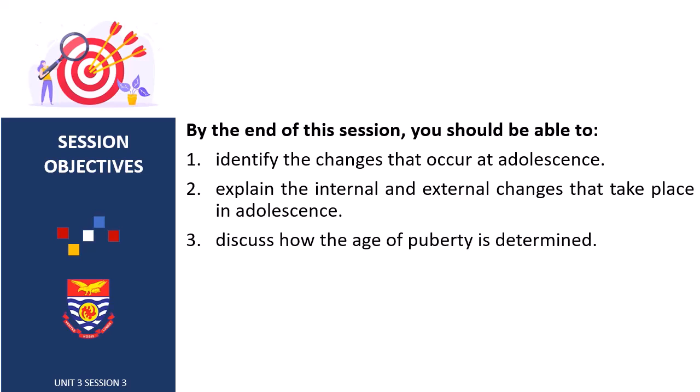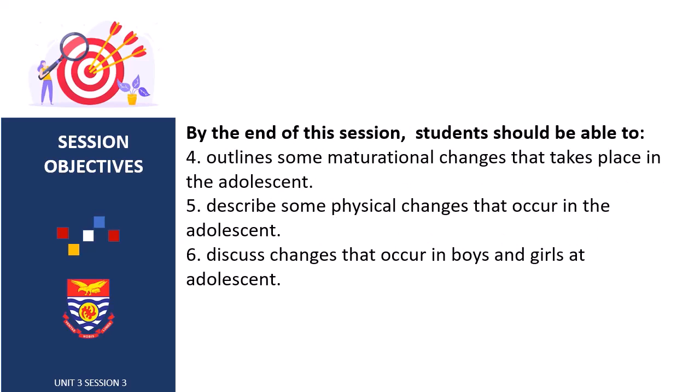To 1. Identify the changes that occur among adolescents, 2. Explain the internal and external changes that take place in adolescence, 3. Discuss how the age of puberty is determined, 4.